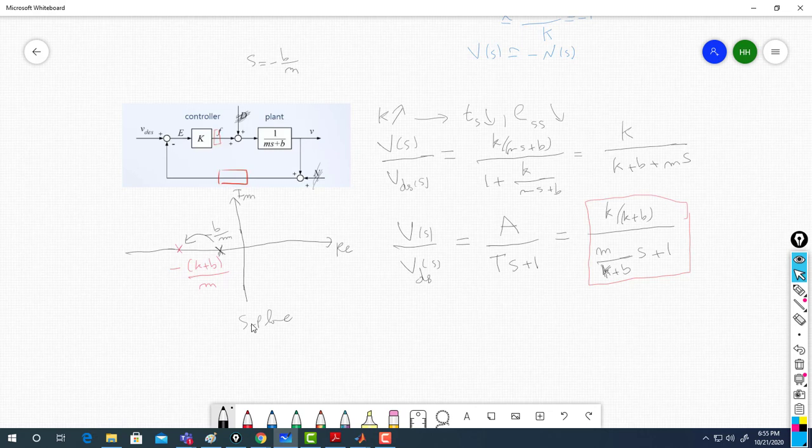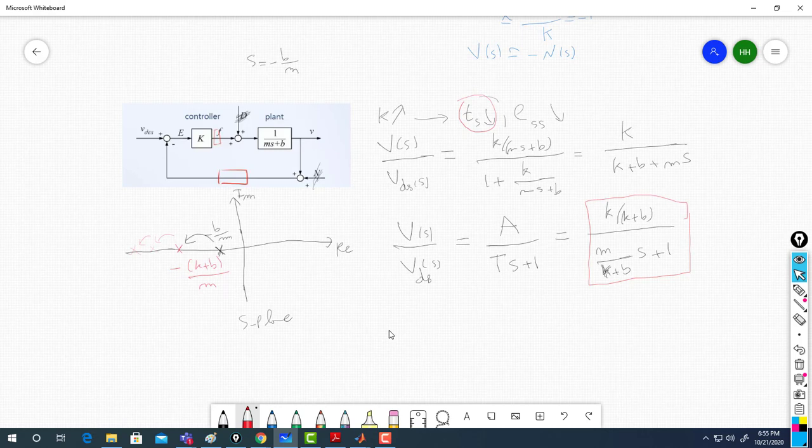So now we answered the first thing we saw in theory and in simulation, that increasing K will make the system faster. Here increasing K means you are going to go here and here more and more, so then your system will be faster and faster.